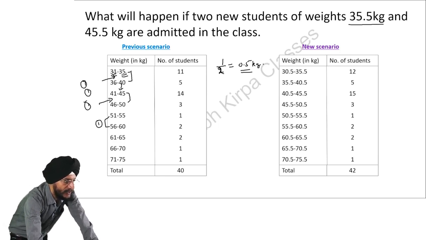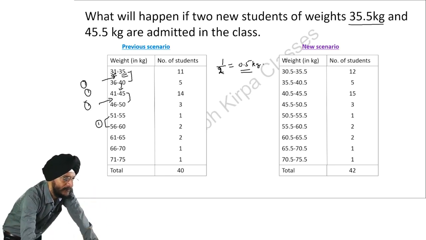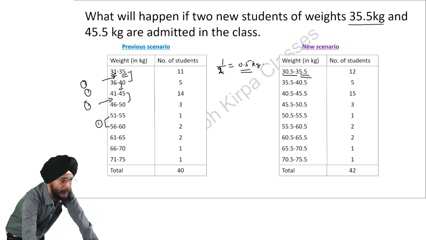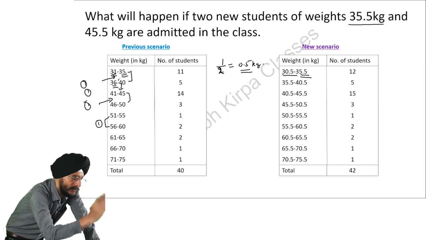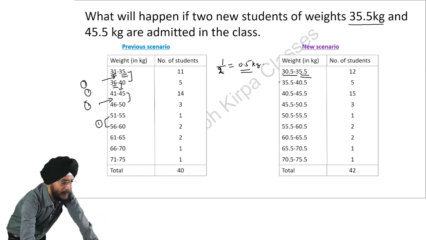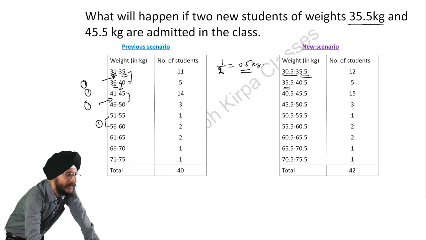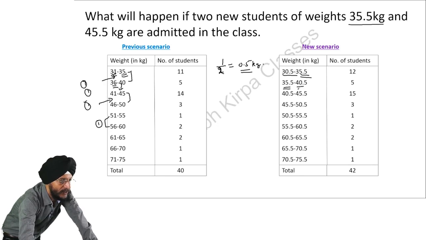In the case of 31, which is the lower class limit, we will reduce 0.5 and it will become 30.5, and we will add 0.5 to the upper class limit and it will become 35.5. In the case of this 36, which is the lower class limit, we will subtract 0.5 and it will become 35.5, and we will add 0.5 to the upper class limit and it will become 40.5.